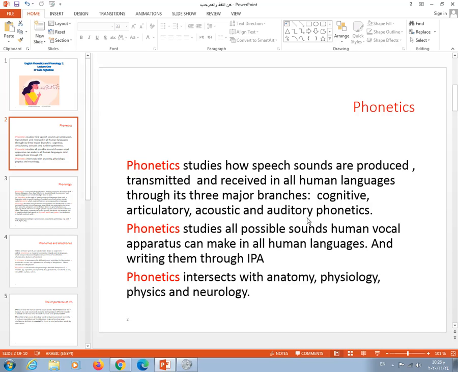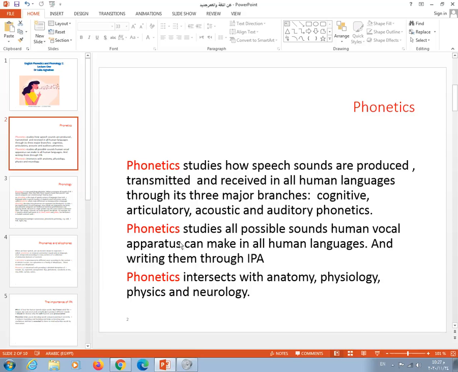And number three, auditory phonetics, which deals with the role of the listener and how the listener receives speech and sound waves and turns that into sensory data and into meaning later on, to be suitable for the brain to process it easily.